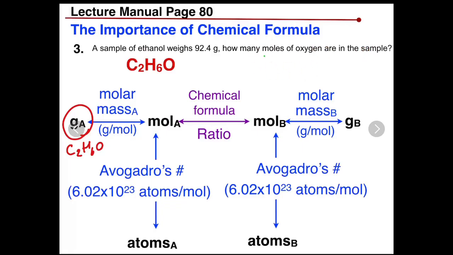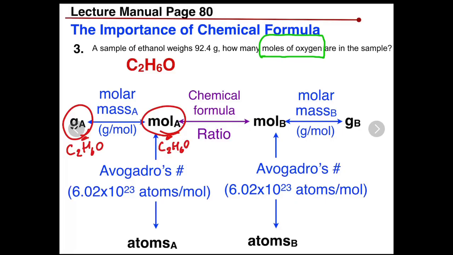So in this case, first you will need to convert these grams of ethanol to mole of ethanol, right? Because this is grams of A, this has to be mole of A. So you are going to convert this to mole of ethanol first.